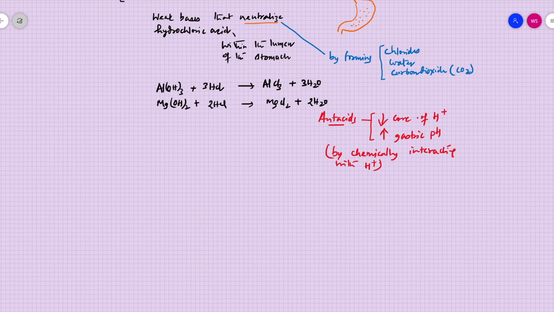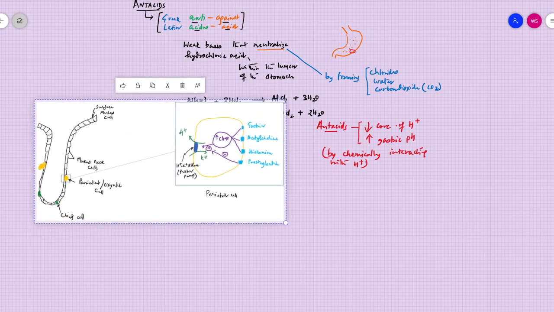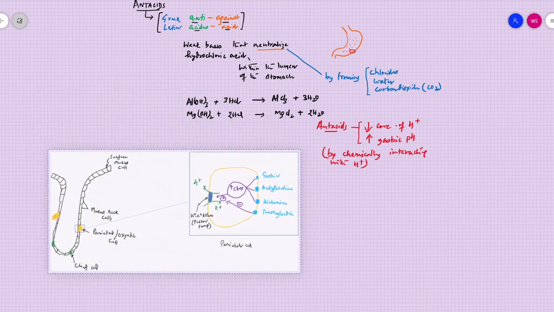We have said in the definition that this neutralization occurs in the lumen of the stomach. So let's take a section of the stomach here and continue our discussion. I'm pasting this figure, which is a section of that particular area of the stomach.